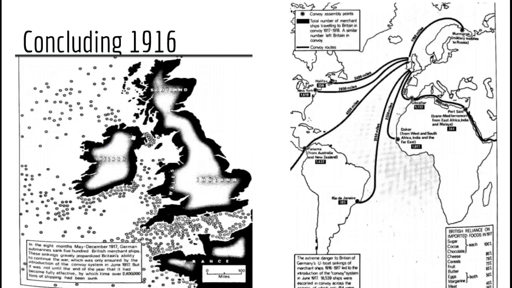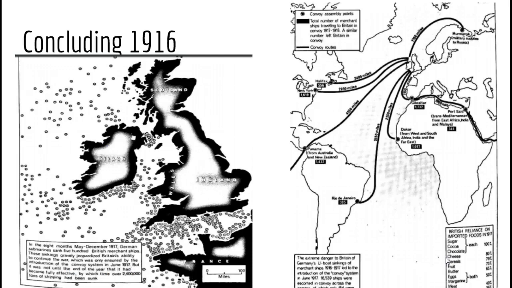So even though this is in 1917, it does give you some idea of the British reliance on imported foods in general. So, if they rely 100% on imported foods for sugar, cocoa, chocolate in 1917, we can probably guess and speculate that they're relying close to 100% in the years prior to 1917 as well. And you see some of these other staples of a diet and the British reliance on goods.